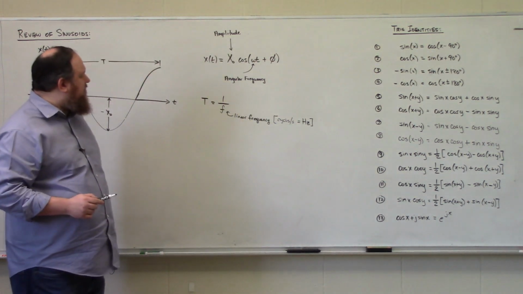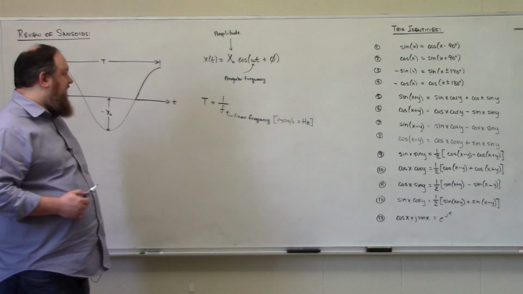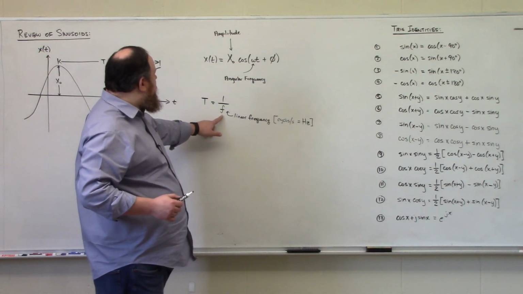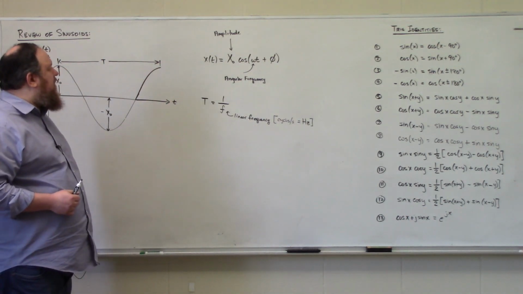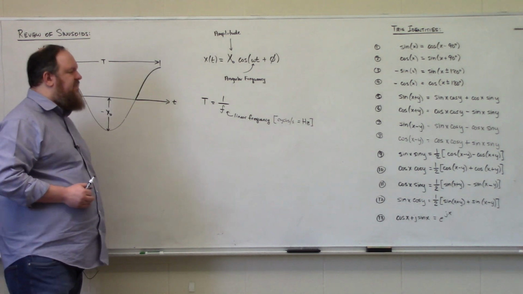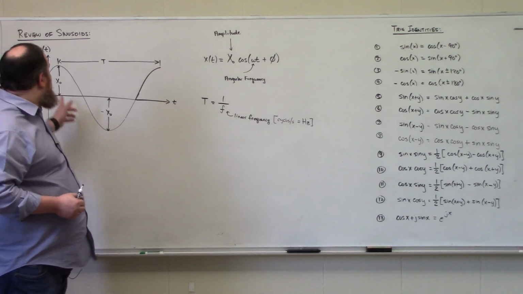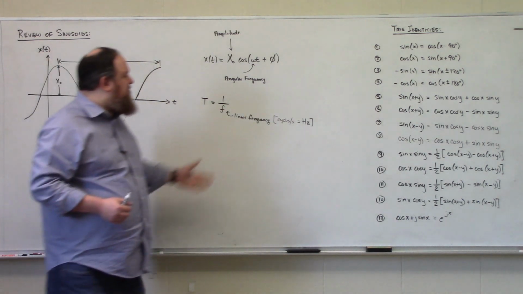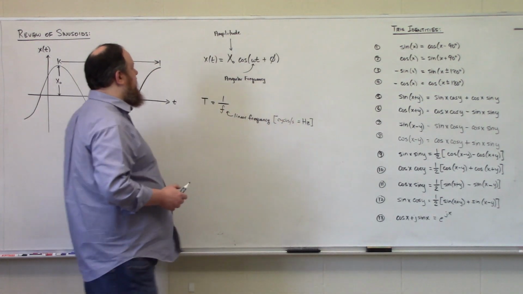Well, the angular frequency is the angles per second. So we can get the angular frequency by multiplying the linear frequency by a factor of 2 pi, because there is 2 pi radians per cycle multiplied by cycles per seconds gives us the angles per second.